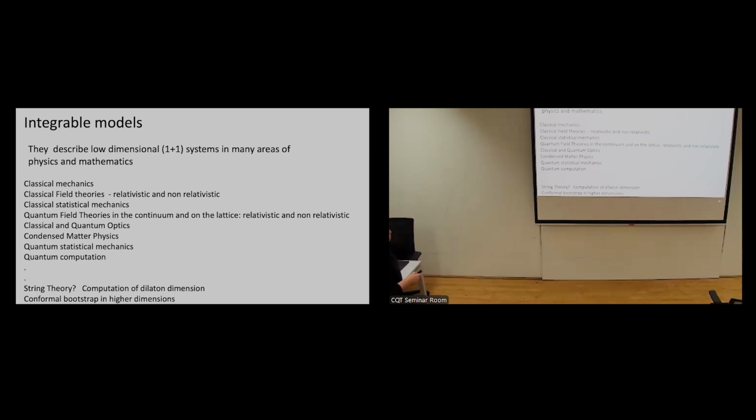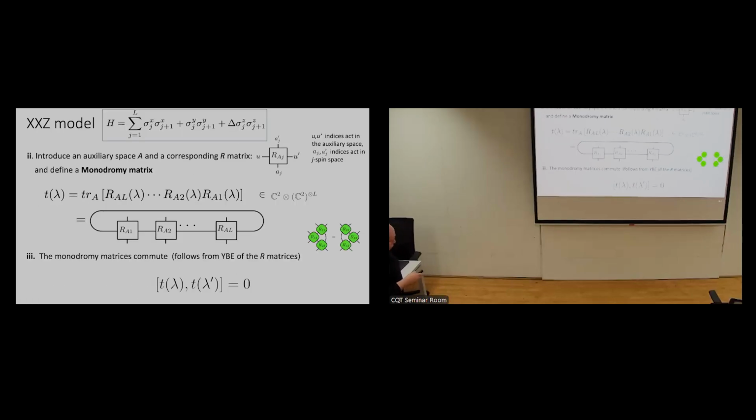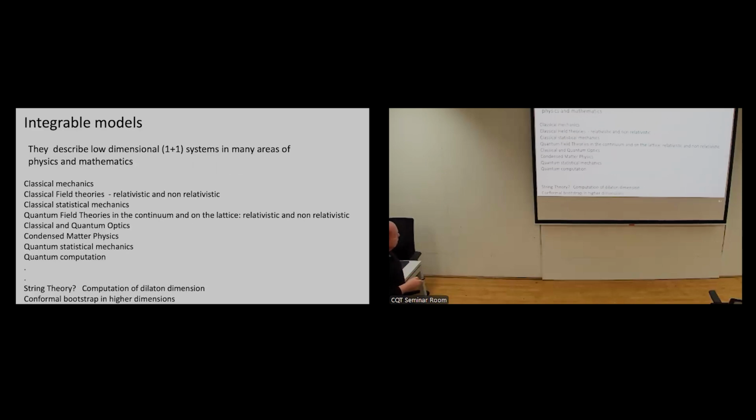Actually, they appear in any branch of physics: classical mechanics, classical field theory, relativistic and non-relativistic, classical statistical mechanics, quantum field theories in the continuum and on the lattice, classical quantum optics, condensed matter in particular, statistical mechanics, quantum computation, and perhaps also in string theory, because string theory, if you remember, is based on two-dimensional surfaces which are governed again by integrable models.